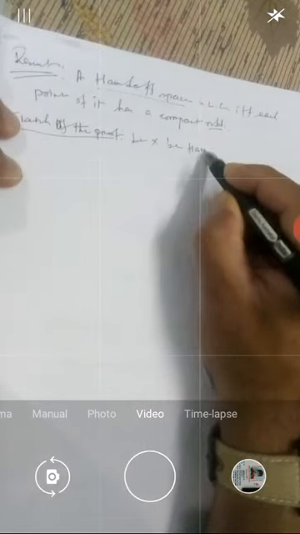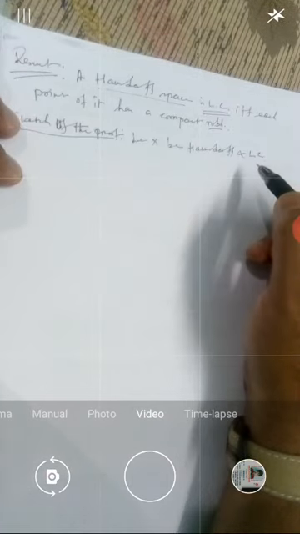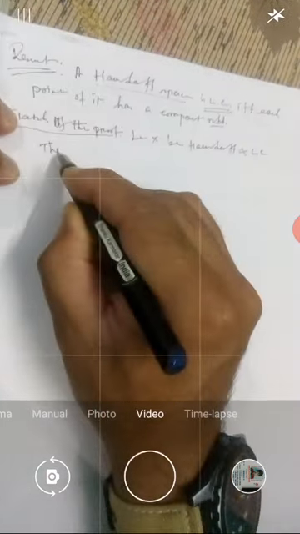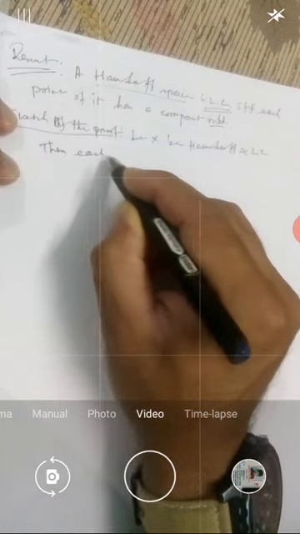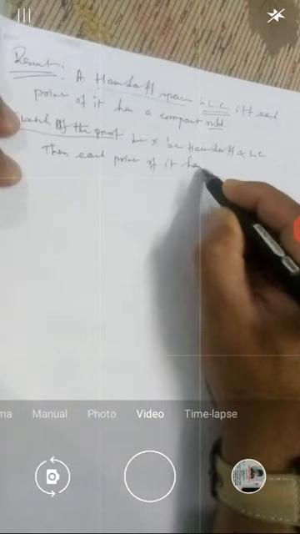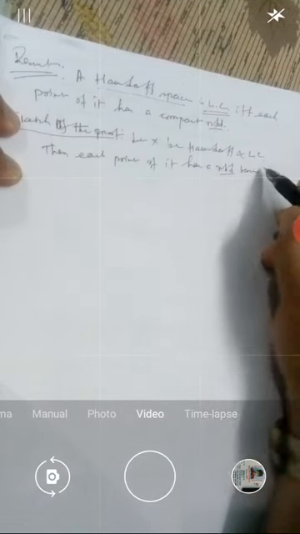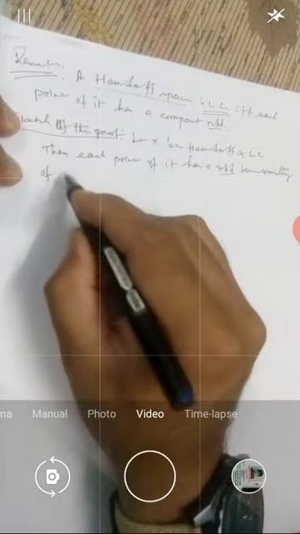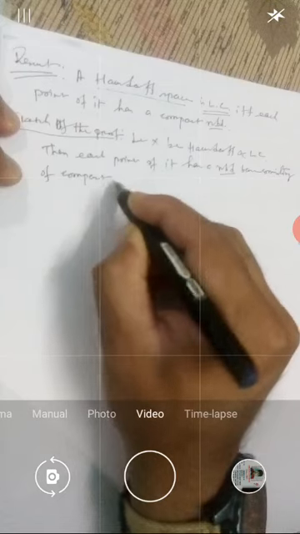One part is very easy. Let X be Hausdorff and locally compact. I am assuming that it is locally compact. Then each point of it has a neighborhood base consisting of compact sets.